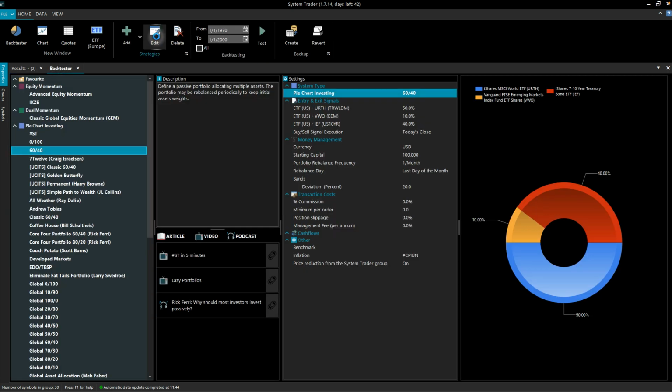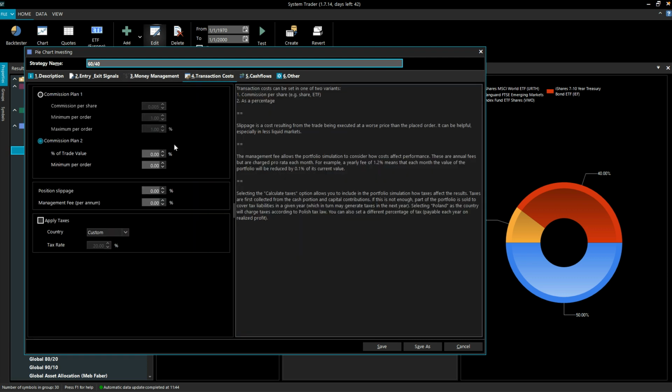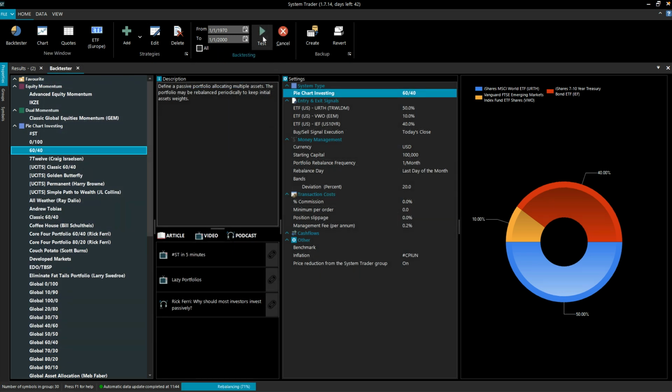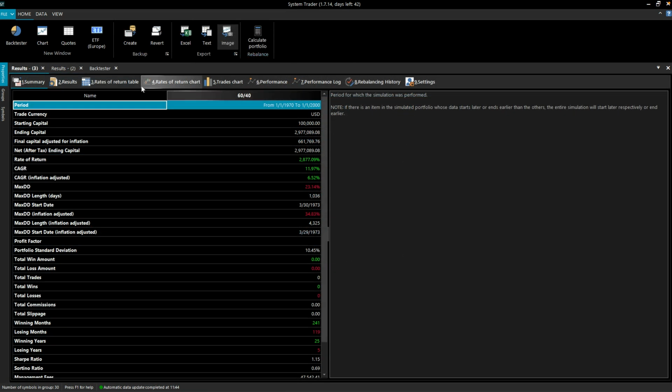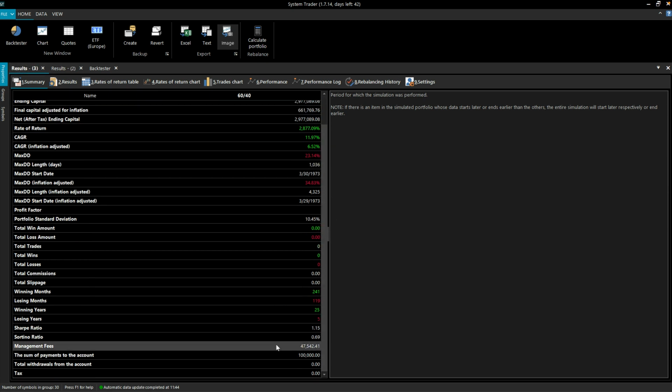Now, let's compare that portfolio to another one with management fees at the level of 0.2%. And let's run the simulation. Voila. The result is, as you can see, almost $3.1 million. And we paid just in fees around $47,000. Quite a lot. Less than for taxes, but still quite a lot, and more than for the commissions.